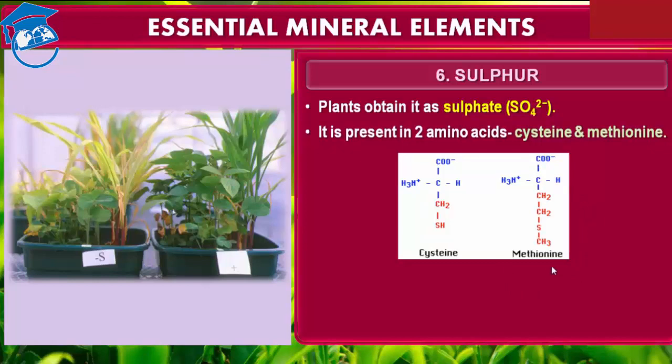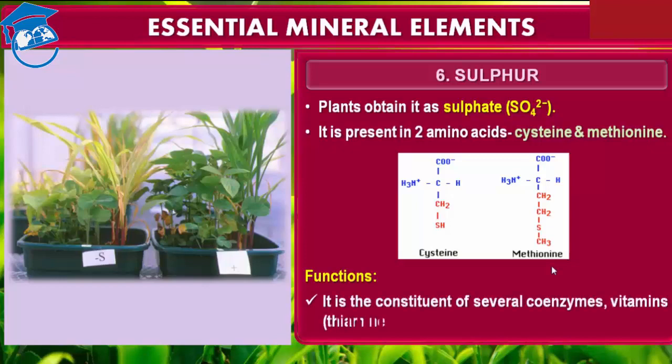It is a main constituent of several coenzymes, vitamins and ferredoxin. Which vitamins is it found in? Thiamine, biotin and coenzyme A. This is the plant deficient in sulfur, and this is the plant which has sufficient sulfur.